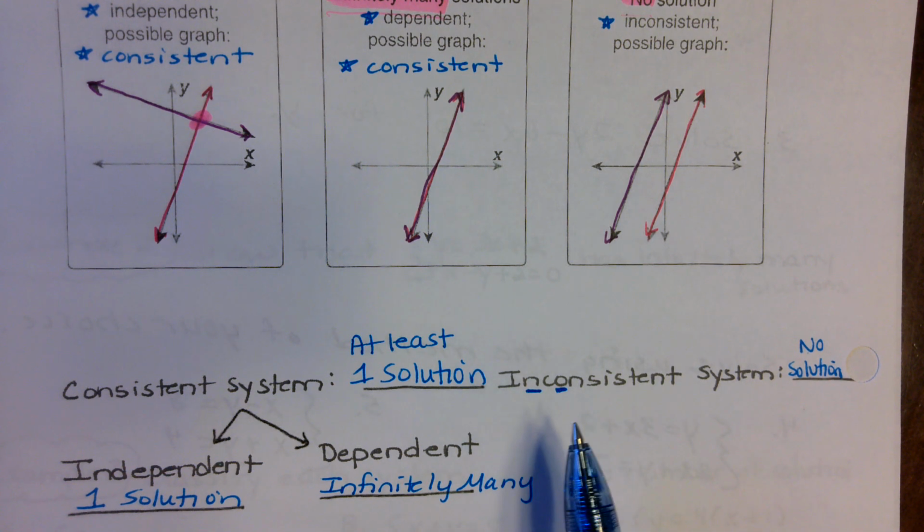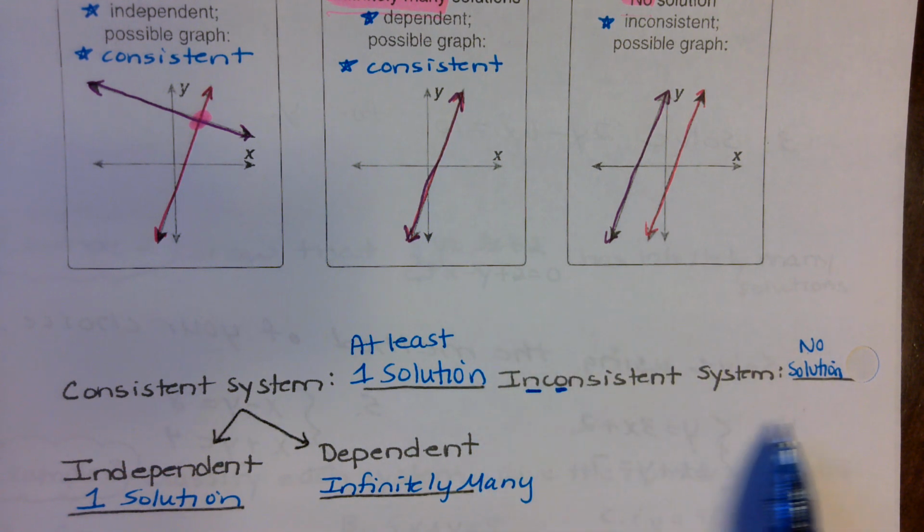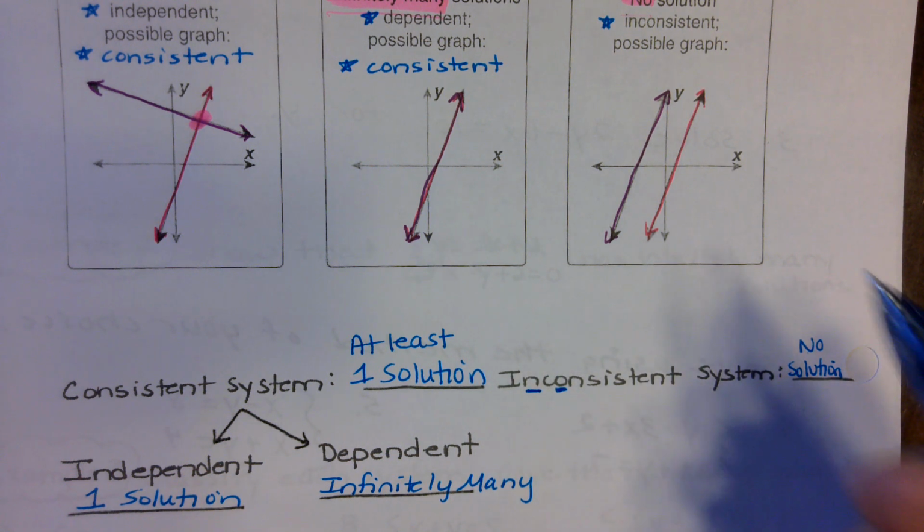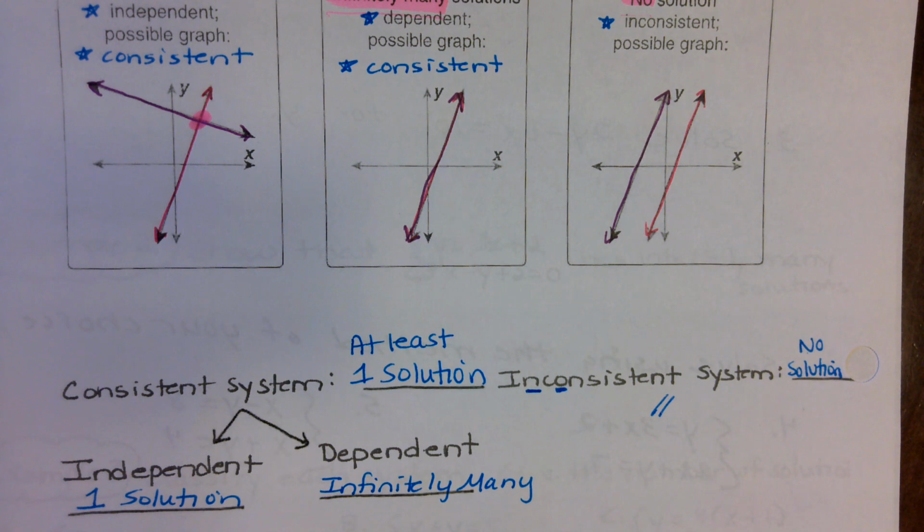Take it for what it's worth. But if you're trying to think of something to help you memorize that the inconsistent one is the no solutions, the parallel ones, the word no is right here. Here it goes backwards. See, no goes backwards. So anyway, that's that.